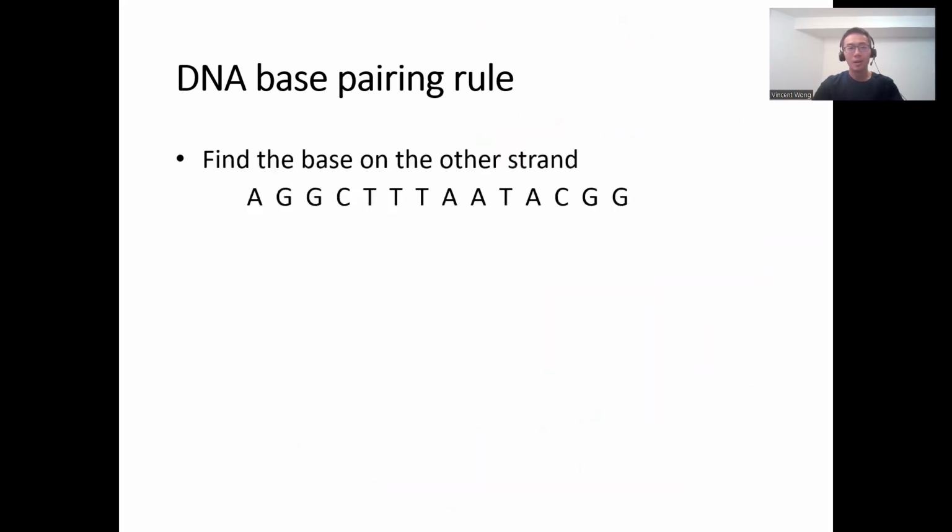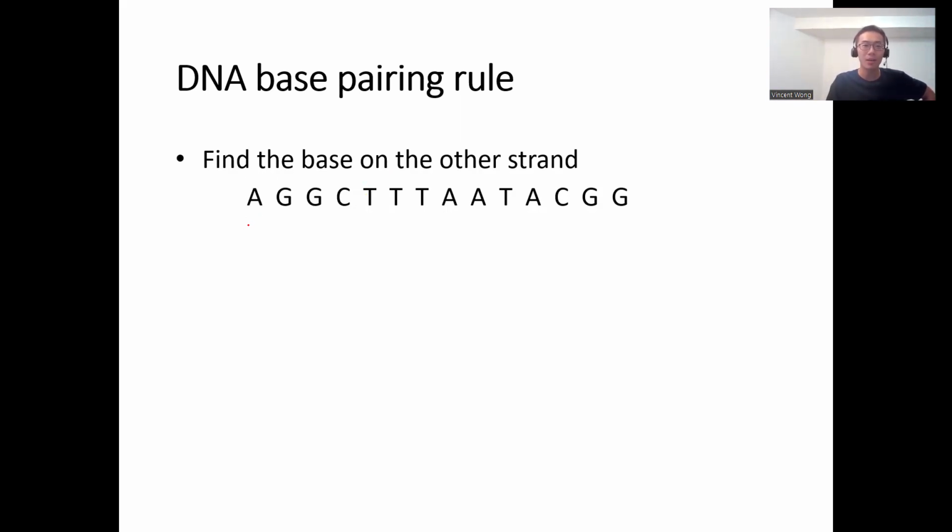Moving on, we have a sequence here: A, G, G, C, T, T, T, and so on. That's one side of our DNA. Using the base pairing rule, we are going to write out the other side. You don't have to unmute because it would be chaotic, but say it with me. I can hear you through the computer screen. With the A on one side, what is on the other side?